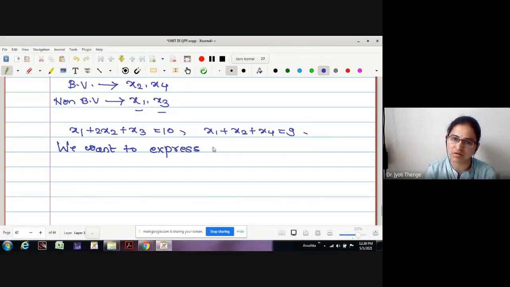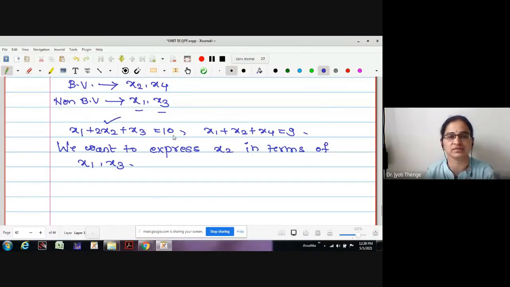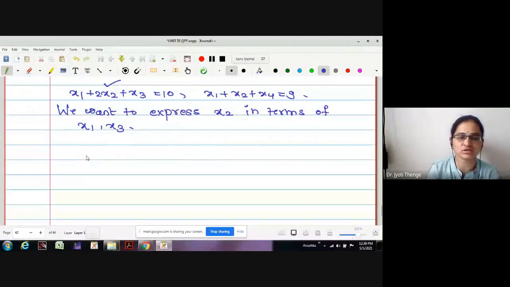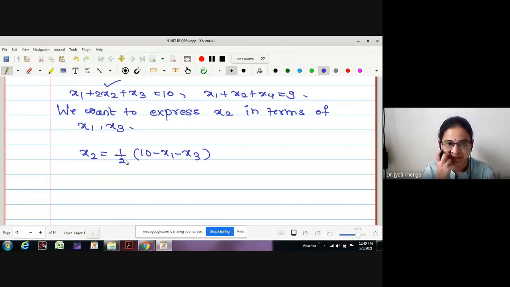Look at the equations and you can tell me. The first equation is used now. x1, x2, x3 are the variables we have. But what is the value of x2 we will obtain? 10 minus x1 minus x3 divided by 2. Right, now we have expressed x2 in terms of x1 and x3.